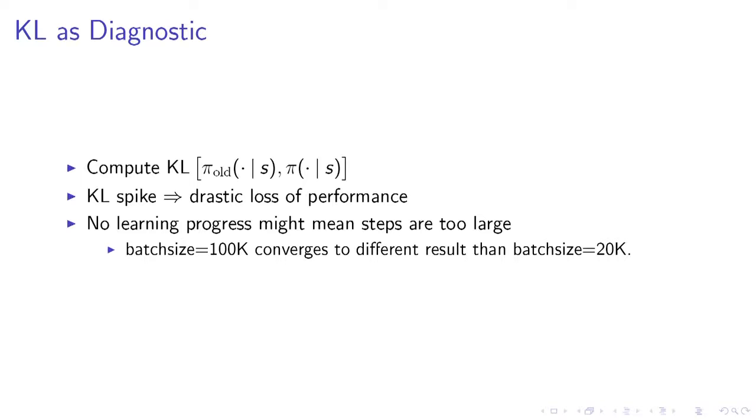Question? Okay, yeah, the question is, why does the KL spike give you a loss in performance? Well, it's not always a loss in performance. Sometimes it's a gain in performance, but in practice, it's usually a loss in performance because usually the policy gradient is just taking you way outside the region where your local approximation to the policy performance is accurate.